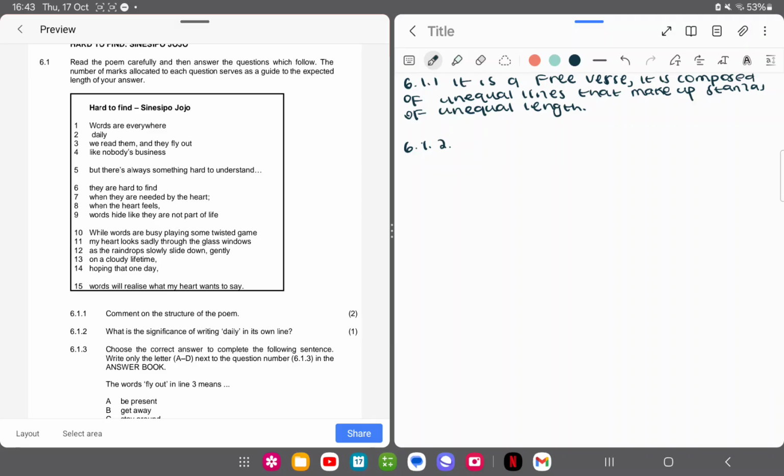So we can say that the word daily suggests that words are used frequently, or you can say every day.